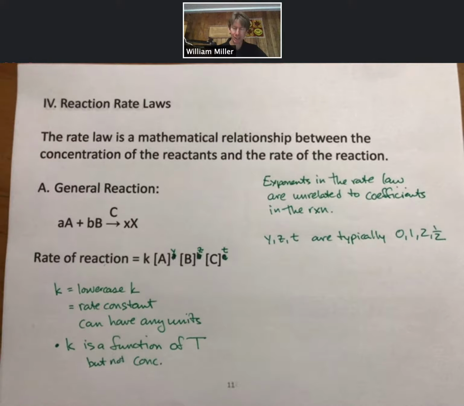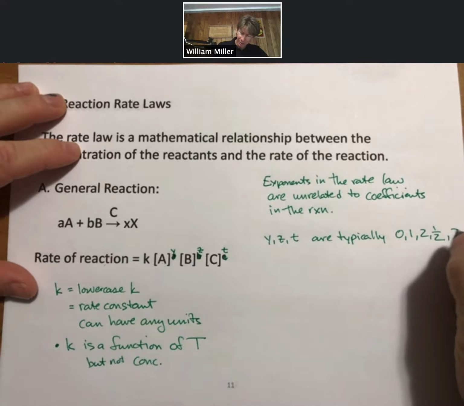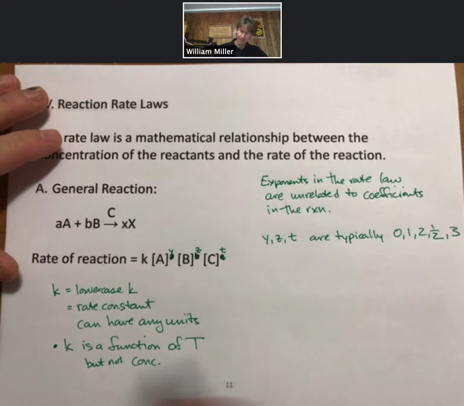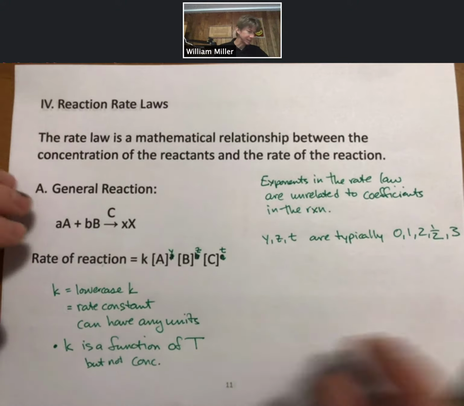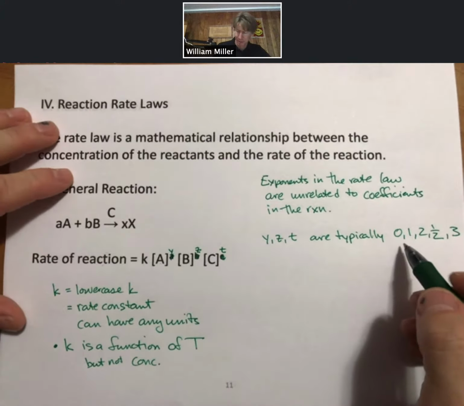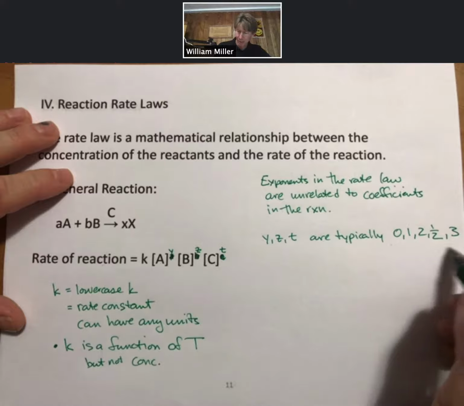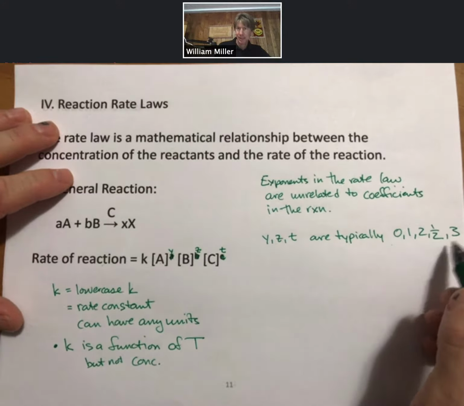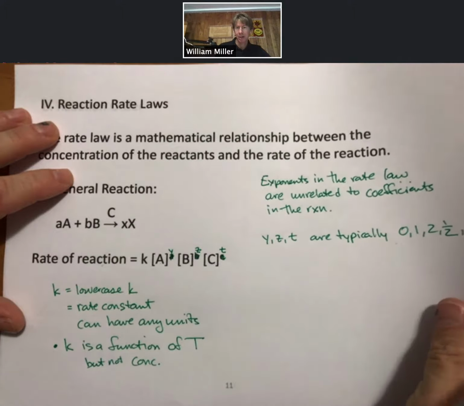We might see 3. Let's write 3 in there as well. And again, they could be other values, as we'll see, but these are the ones we will see in our class. And we'll restrict ourselves. I'm happy to restrict myself right now to exam questions that only have these numbers as answers.